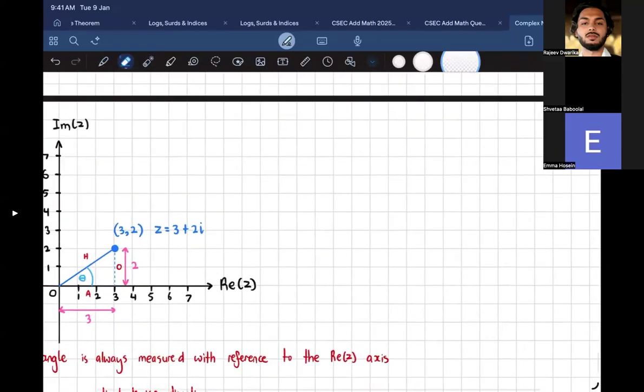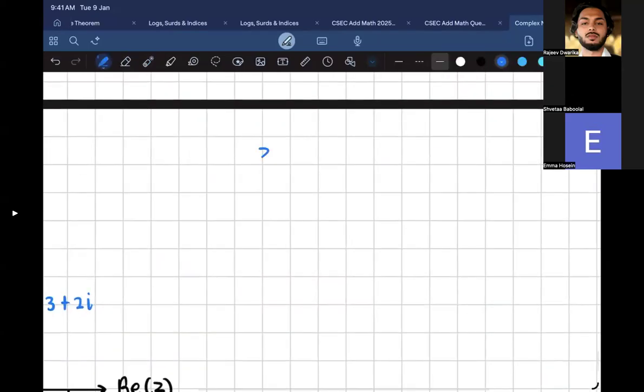So there's another way you can express a complex number using the trig ratios. That form is z is equal to r, and then what? It's the same thing we had before: r times cos theta plus i sine theta.